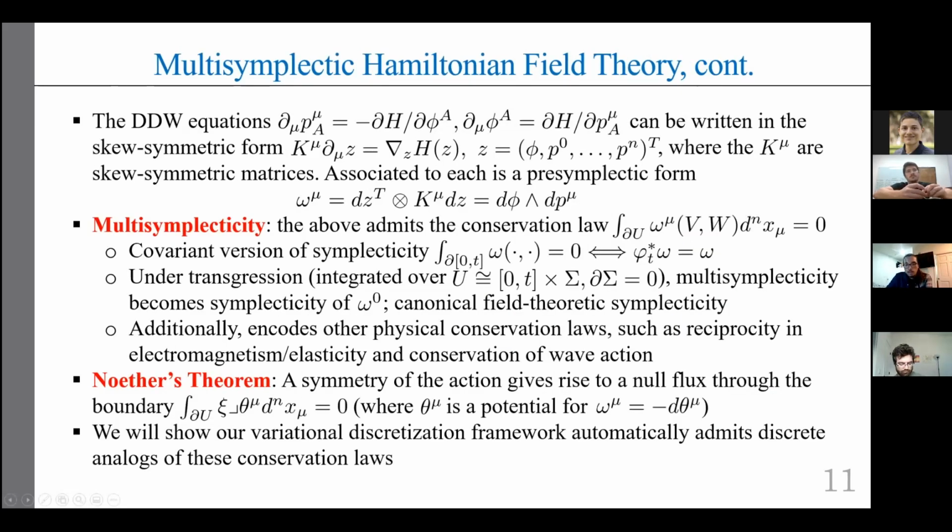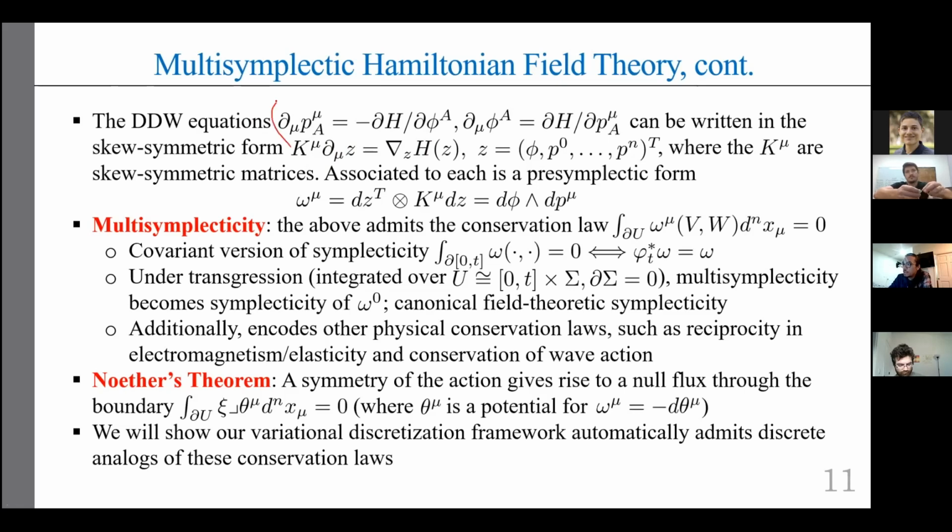Now the de Donder-Weyl equations, which are stated on the last slide, can be written in the following skew symmetric form. You have K mu partial mu z equal to the gradient of the Hamiltonian, where z is the concatenation of the field and the momenta variables.